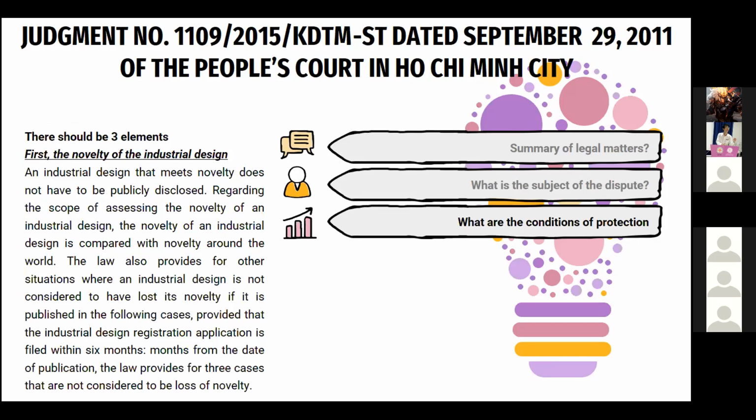Regarding the scope of assessing the novelty of an industrial design, the novelty of an industrial design is compared with novelty around the world. However, the law stipulates some cases where an industrial design is considered to not have been publicly disclosed if only a limited number of people know and are obligated to keep the industrial design secret.